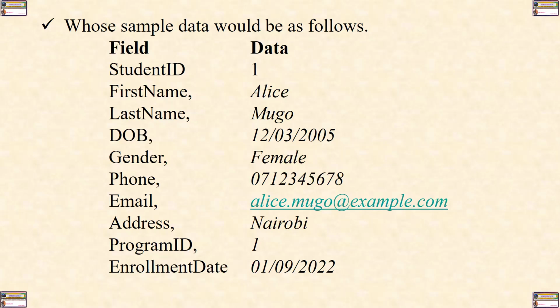For example, 2, name Julius, date of birth 15th January 2024, gender male, phone 0717111051, email julius@gmail.com, address, it can even be PO Box 2022 Isiolo, program ID can be 10, enrollment date can be 15th of January 2025.